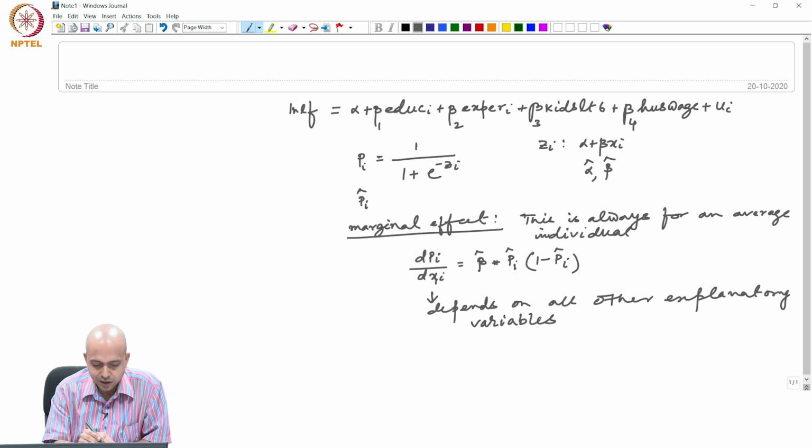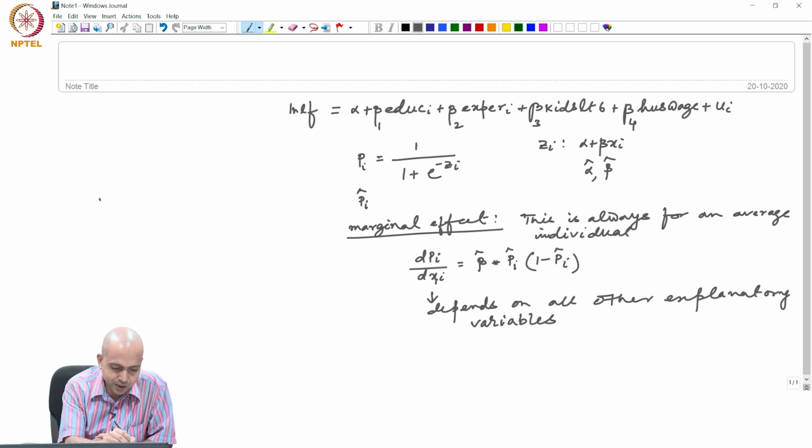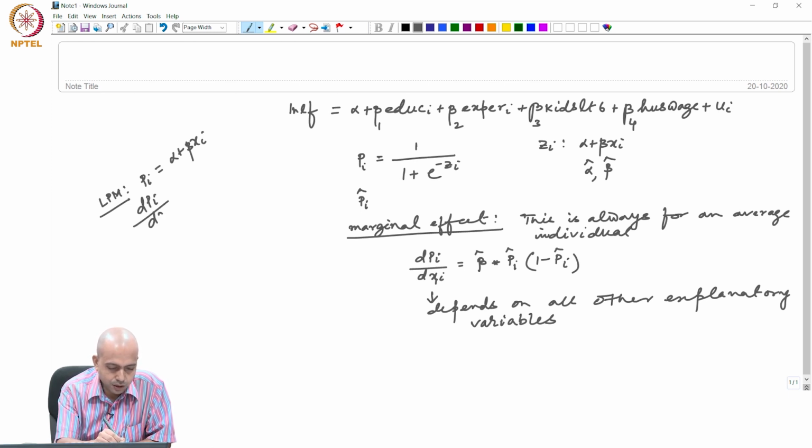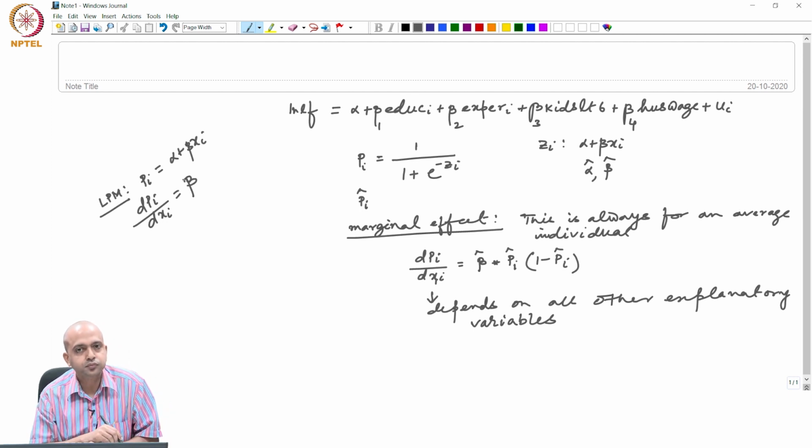So if you differentiate in LPM, it would be only beta. And beta is attached to only xi, but here it is pi, and pi is based on all other explanatory variables.